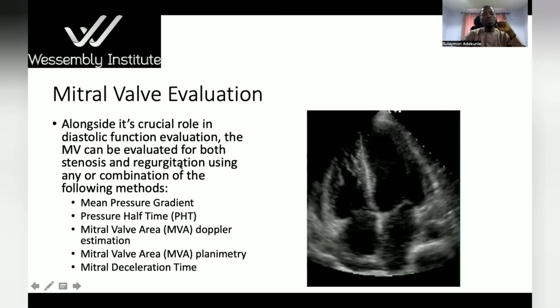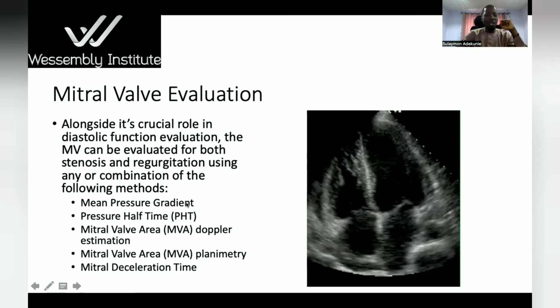So moving to how to evaluate the mitral valve, alongside its very crucial role, which it is popularly known for, diastolic function evaluation, the mitral valve can be evaluated for both stenosis and regurgitation using any or a combination of the following methods.